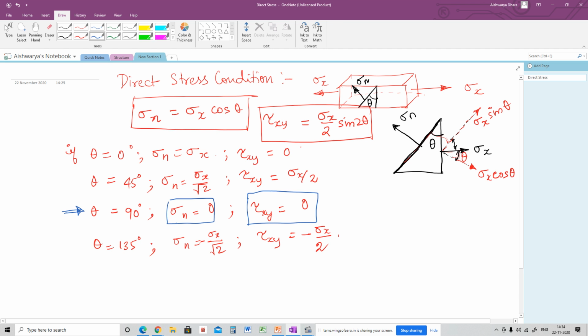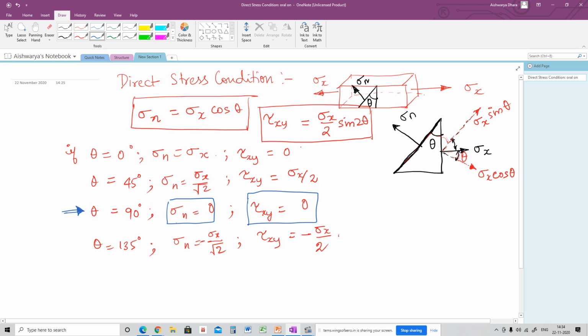Yes. This is one of the significant terms. In case of unidirectional stress condition, when both the normal and the shear stress are 0, the angle will be 90 degree.